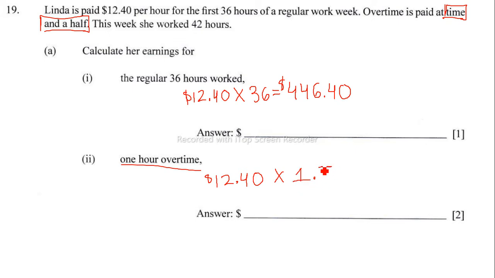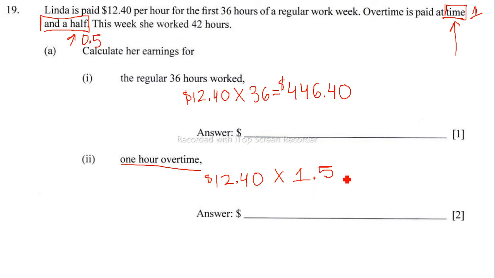So $12.40 multiplied by 1.5 because it's a time and a half. You can look at the time as 1, and the half as 0.5. So since it's a time and a half, it's going to be 1.5.